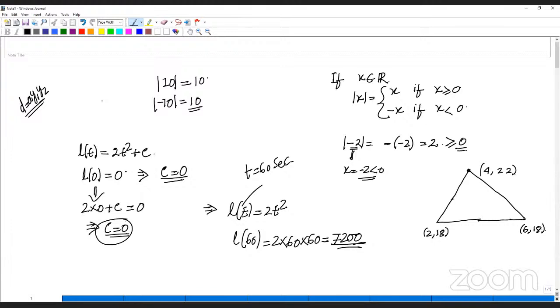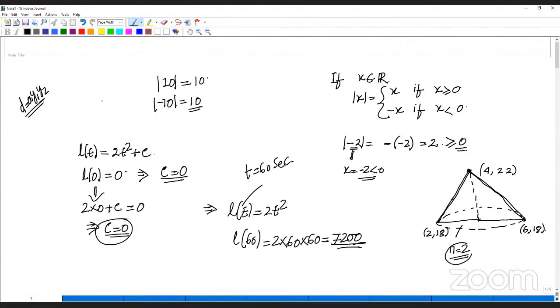Right? Yes, sir. Yeah, so now they are taking this cone, right? Yes, sir. So the radius is 2, right?